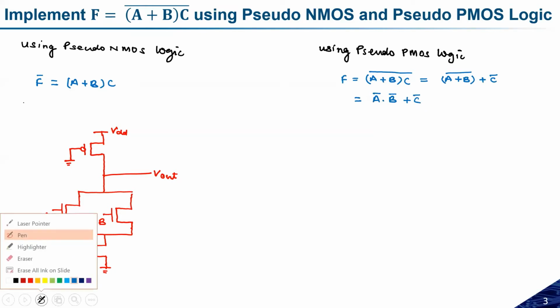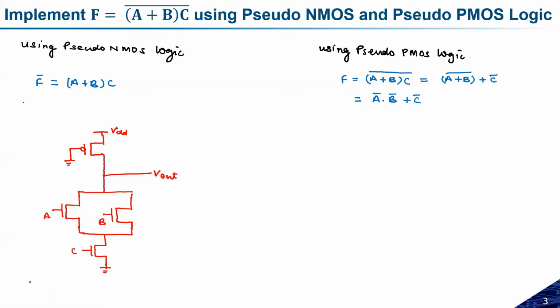Okay, as I already told you, if I'm designing the pull-up network, whatever the complement is there will act as the function. So that will be the input, and similarly we can keep it like this. So the circuit will be A and B in series and C in parallel. Yes, so A and B will be in series, and C will be in parallel to this one.